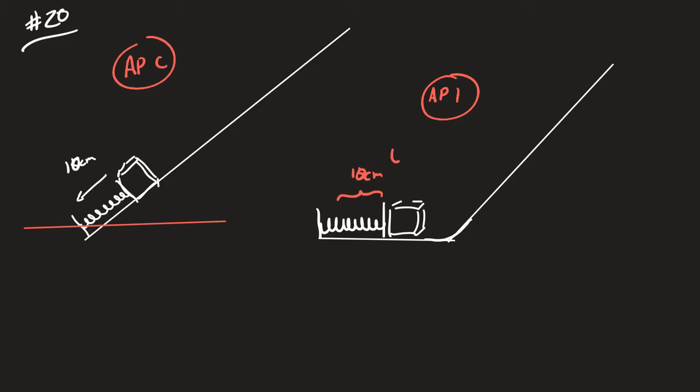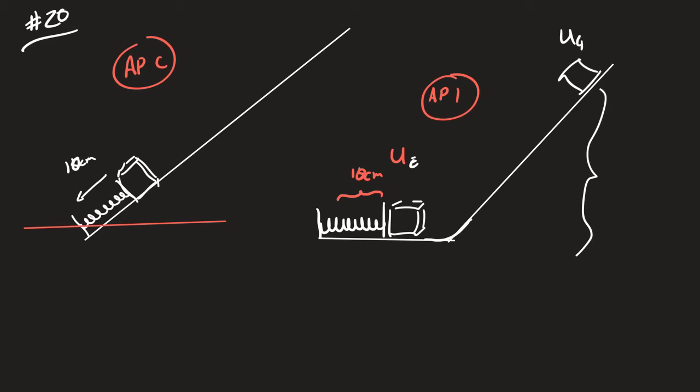When I compress the spring, it's elastic potential energy on the bottom. The box slides up to its highest point, and it's gravitational potential energy. That's pretty easy, and I only have to worry about this height.